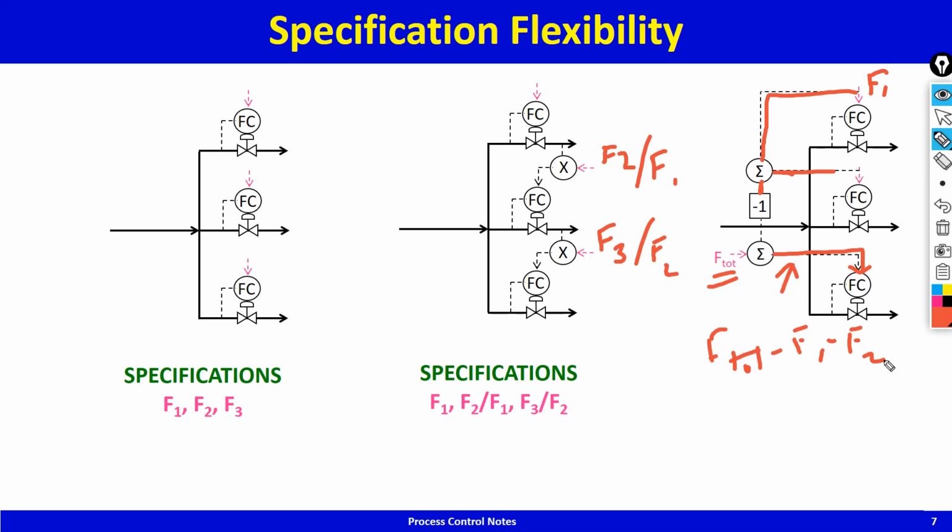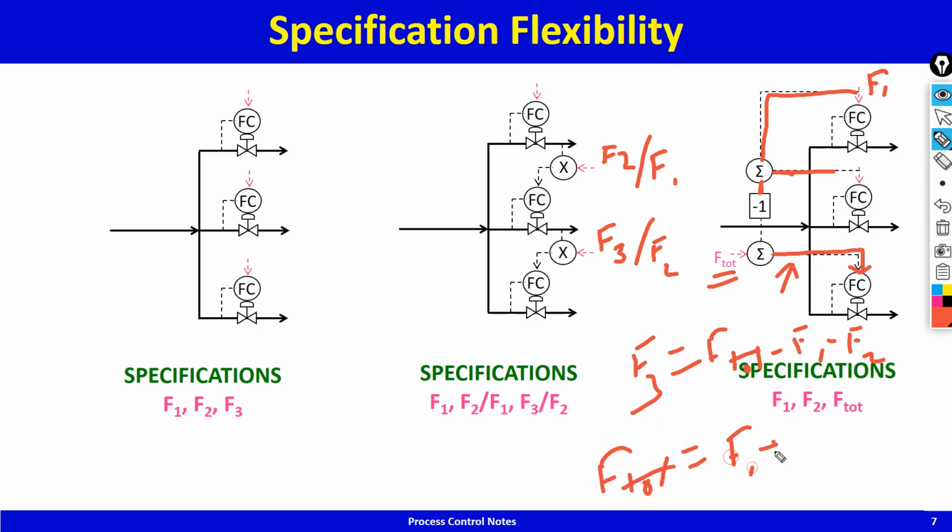Okay, so in this case, the specifications are F1, F2, and you're keeping F dot fixed. So the third flow is adjusted so that F3 is equal to this, and what that means is, that's equivalent to specifying F dot is equal to F1 plus F2 plus F3.